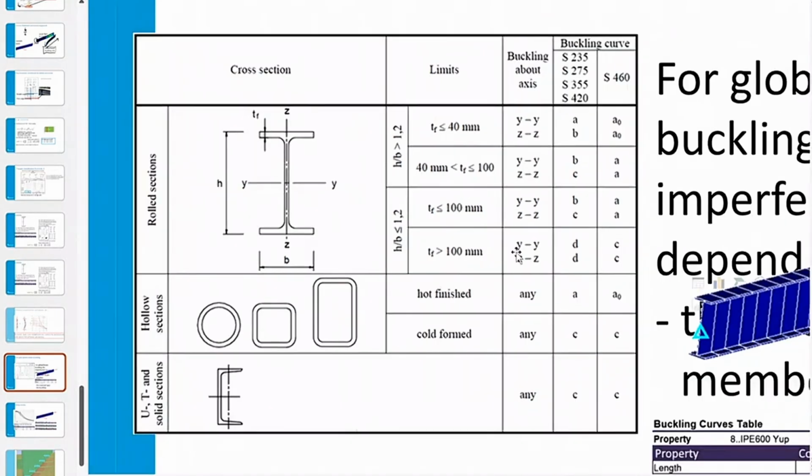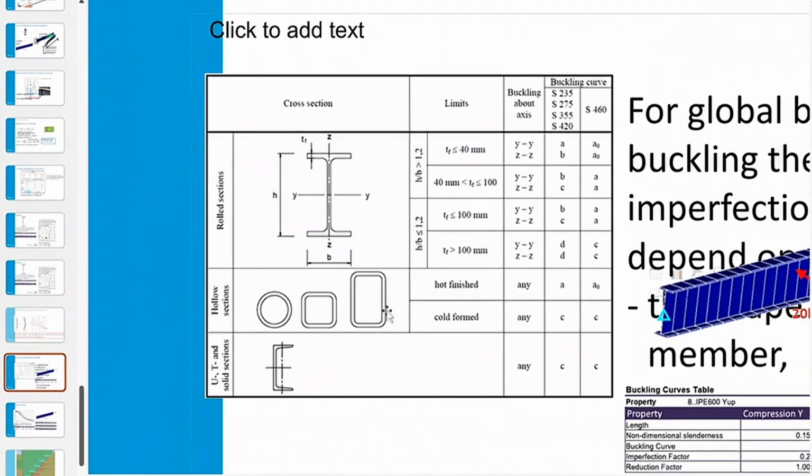But the idea here of the Euler buckling, so the beam checks in Eurocode, are a combination of buckling risk, the global buckling for the beam, and the plate buckling, which determines the classification.